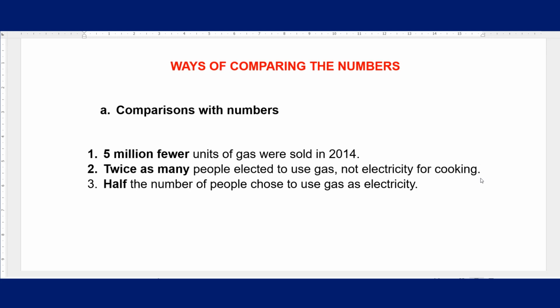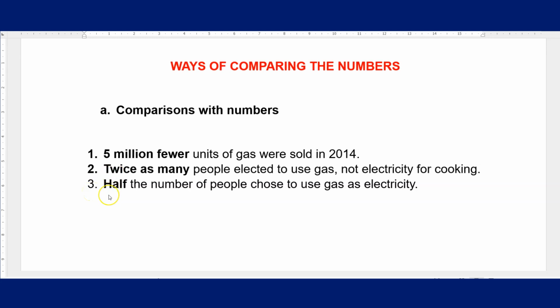So if there were 20 people who said they use electricity for cooking, we have 40 people who said they use gas. So twice as many people voted to use gas as compared to electricity for cooking. So just arithmetic, looking at the differences, and you're good to go.